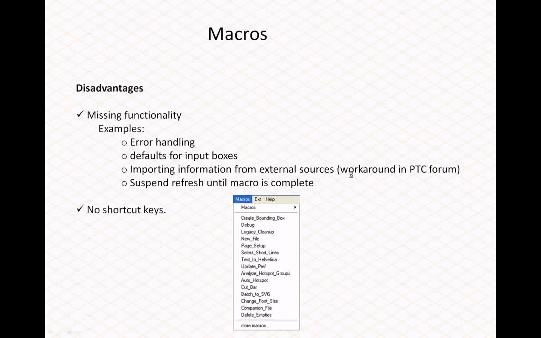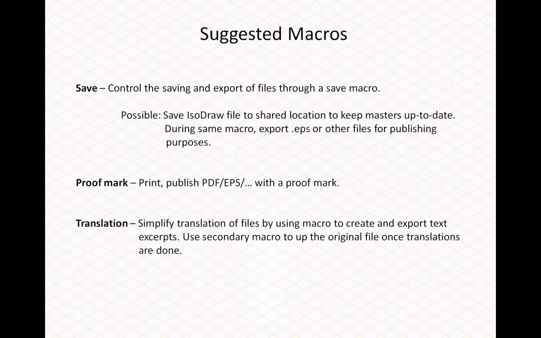Some of the suggested macros, I mentioned the save has really helped us a lot. We had things such as items on the wrong layer, which you wouldn't think would cause too many problems, but as I mentioned, we do 3 languages: English, French, Spanish. So in those particular files, we have an art layer, an English layer, a French layer, a Spanish layer.